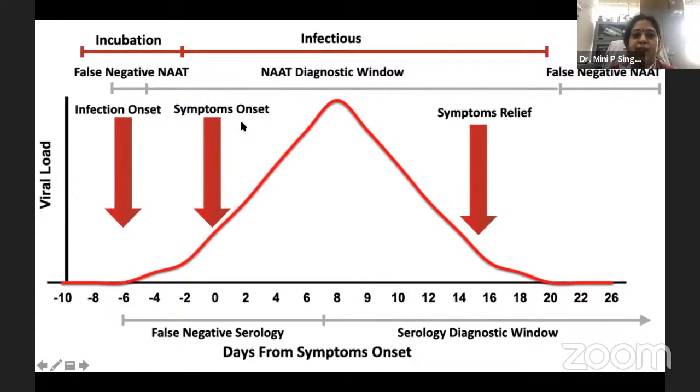But at the two extreme ends, before symptom onset or after the symptoms are relieved, your molecular test is unlikely to pick up the disease.